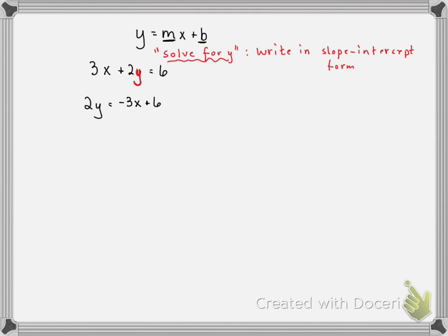Now, in order to isolate the y, we are going to divide everything in the whole equation by 2. Everything. So y equals negative 3 over 2 x plus 6 divided by 2 is 3.